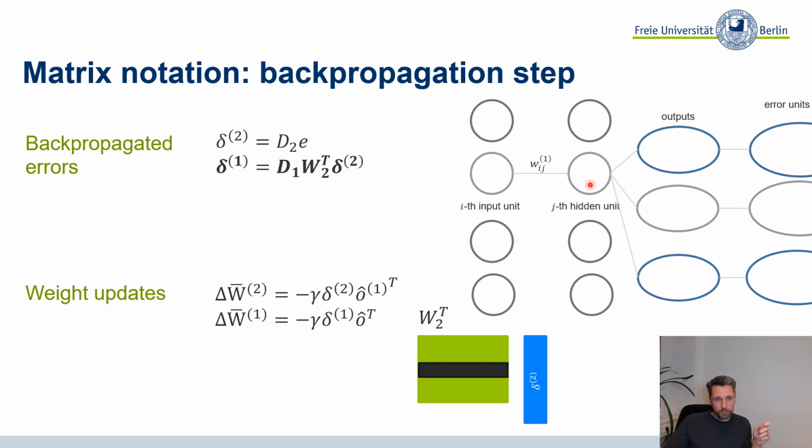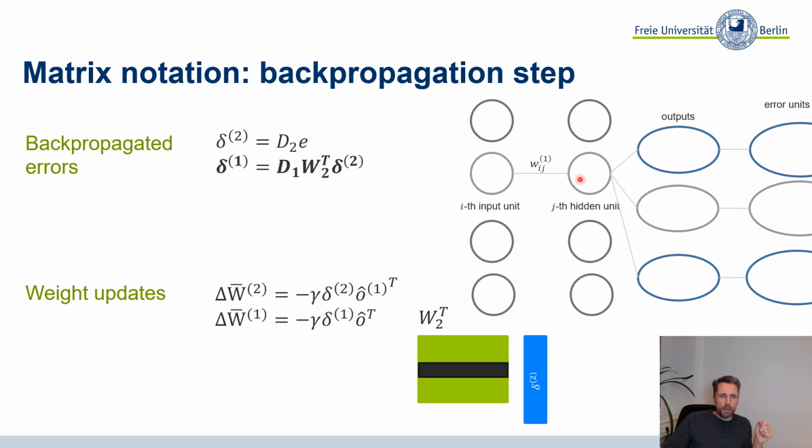So multiplying this matrix with delta superscript 2 gives us, for example, this backpropagated error to this unit times this weight plus the backpropagated error until this unit times this weight plus, and so on. So we collect a weighted sum of all the backpropagated errors into this unit.